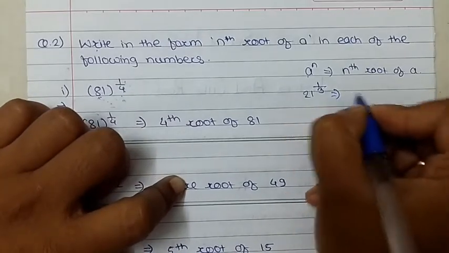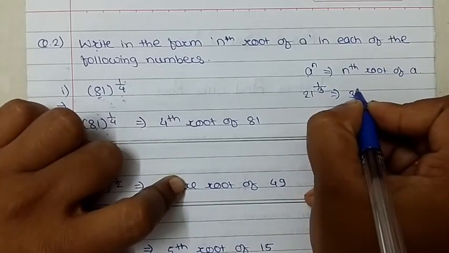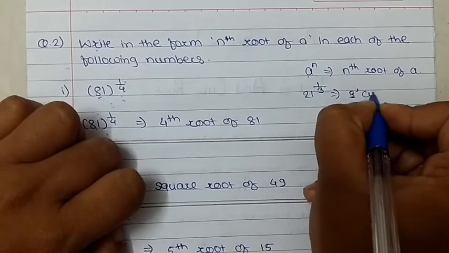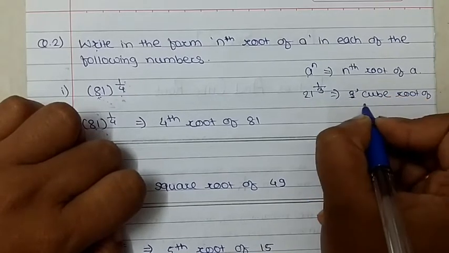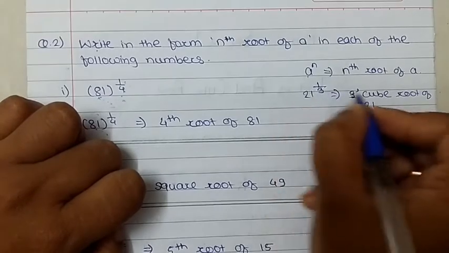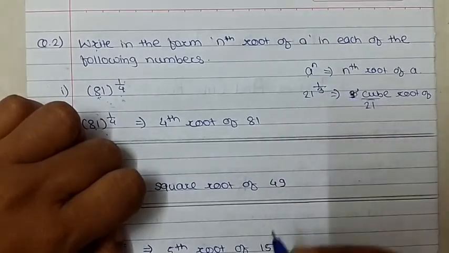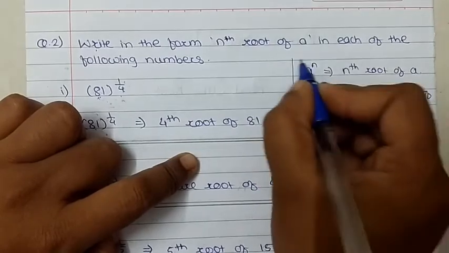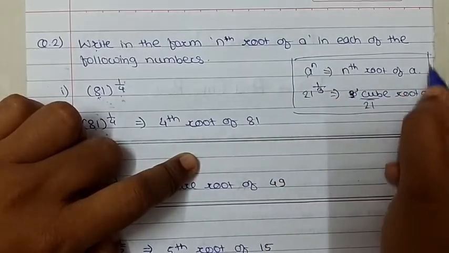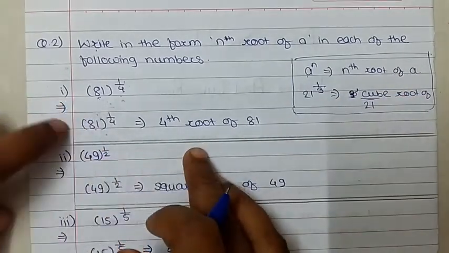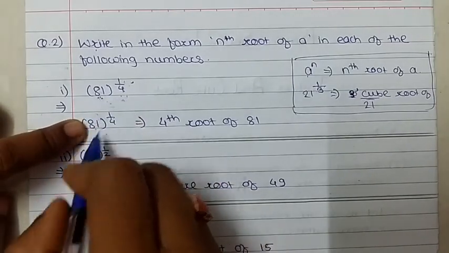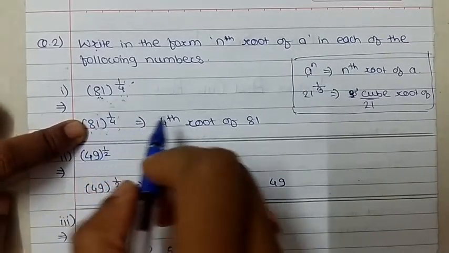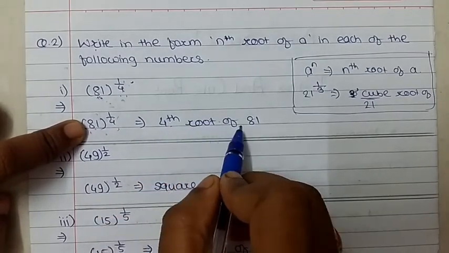So what is this? This is the third or cube root of 21. Clear? So in this way we have to solve the question: 81 raised to 1 upon 4 is the fourth root of 81.